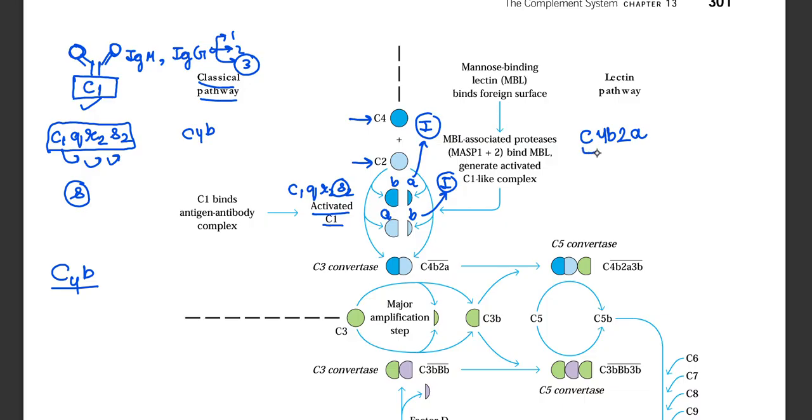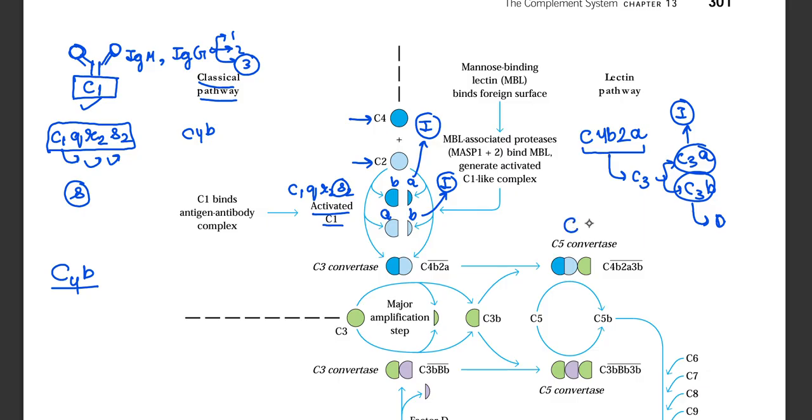Now this particularly is the C3 activator. This complex will break C3 into C3A and C3B. The A part causes the inflammation, and the B part will cause the opsonization, by attaching itself to this.